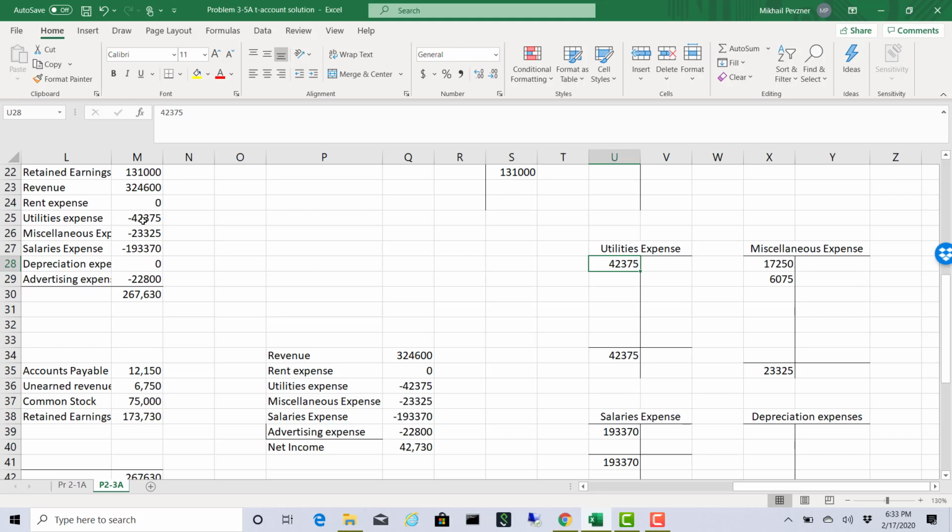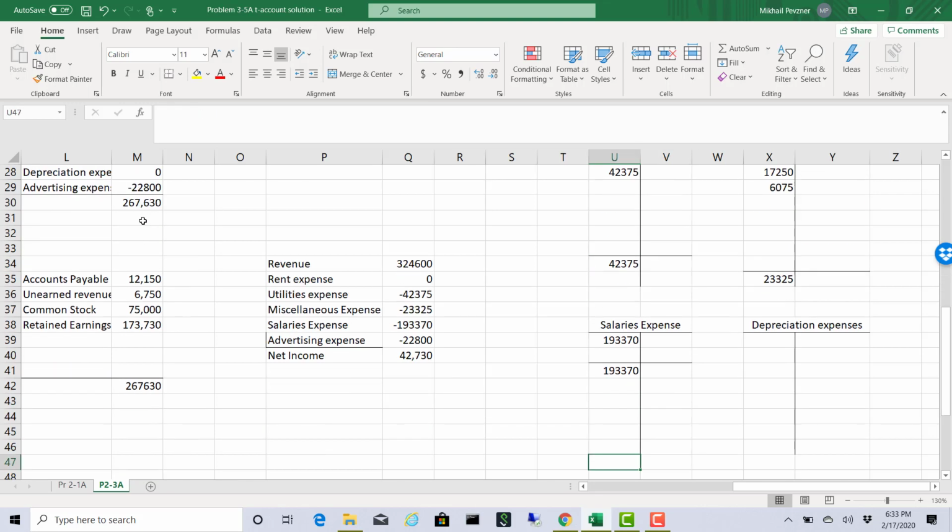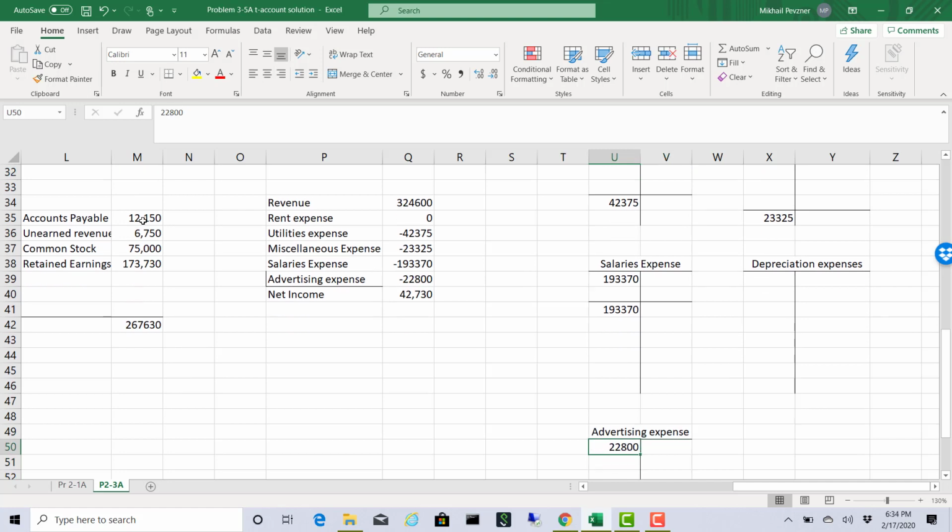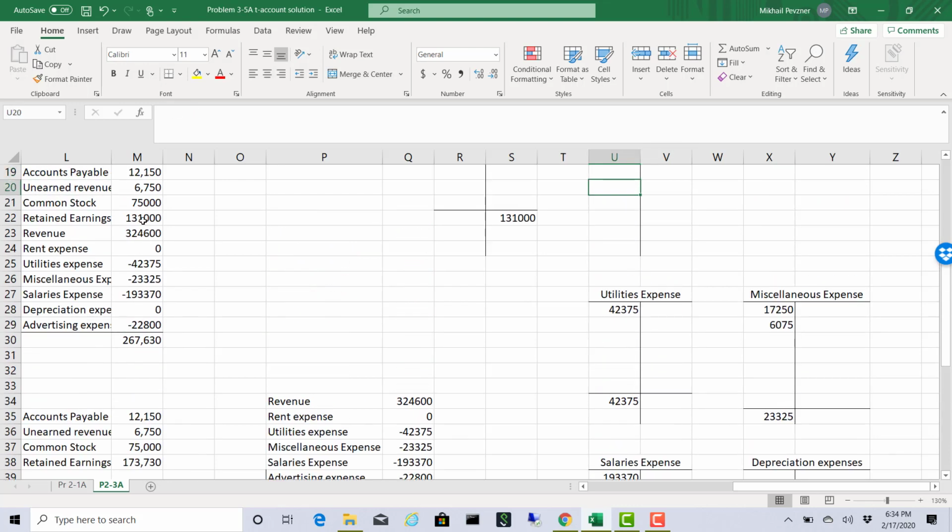That's a debit. You have advertising, 22,800, which is a separate account I created here. Repairs expense of 1,750 and miscellaneous expense of 60.75. I put repairs into miscellaneous because there's not enough space for accounts.